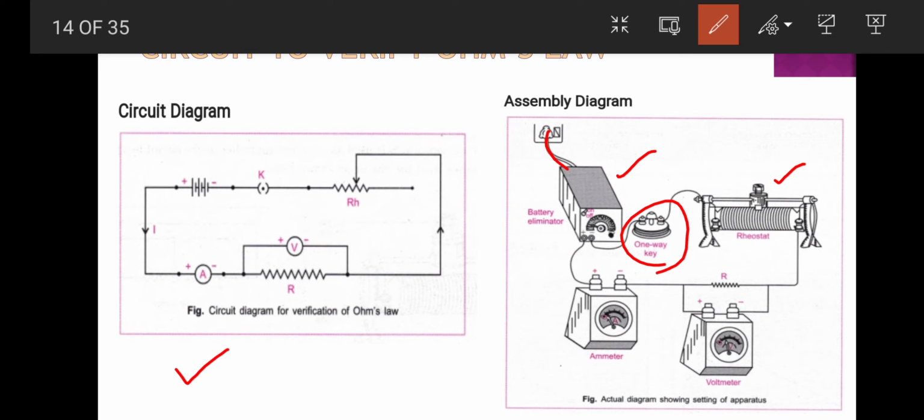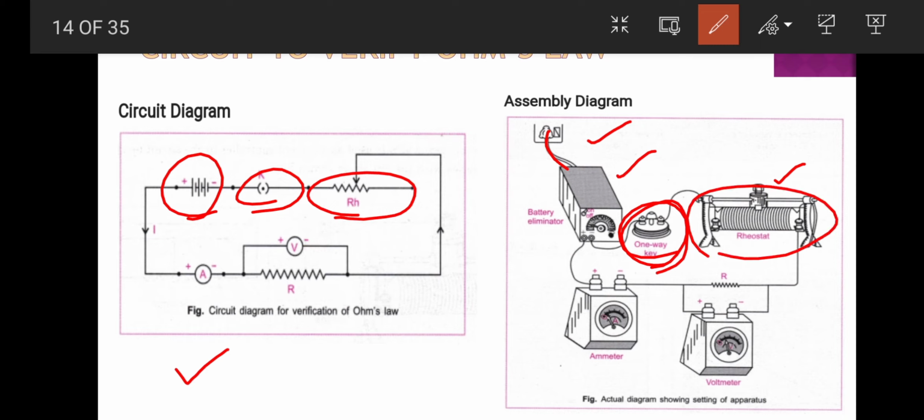See, this is the battery. Here is the battery eliminator, and we have a plug key. So this is the plug key, and we have a rheostat here. One end is connected to the plug key, the other end is connected to this voltmeter, or you can say this resistor. So resistor and voltmeter are connected in parallel.